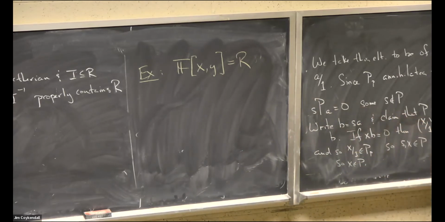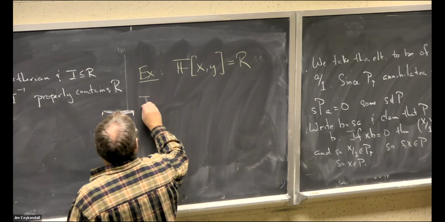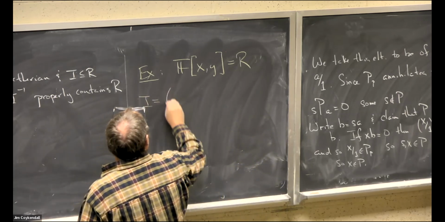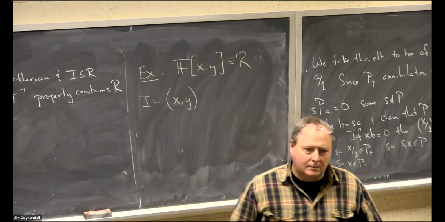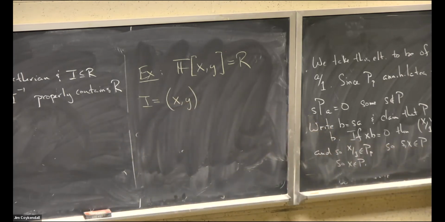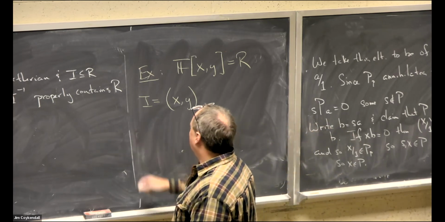This is a Noetherian ring, in fact, a UFD, and the ideal generated by X, Y. Now, I claim that this ideal is not of grade 1. And I'm going to do it as a consequence of proposition 6.8, and then think about the original definition as well.